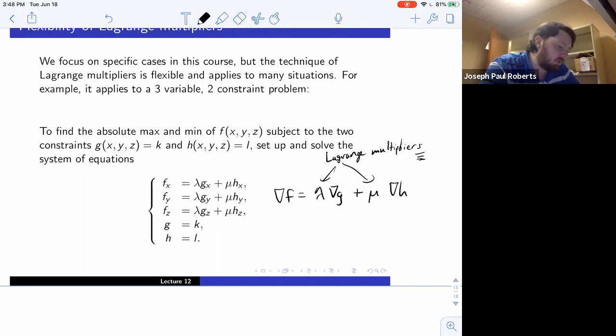Linear combination means something like this: vector A is some scalar times vector B plus some other scalar times vector C. When you only have one constraint, a linear combination of one is just a parallel vector. But when you have multiple constraints, you get this linear combination going on.